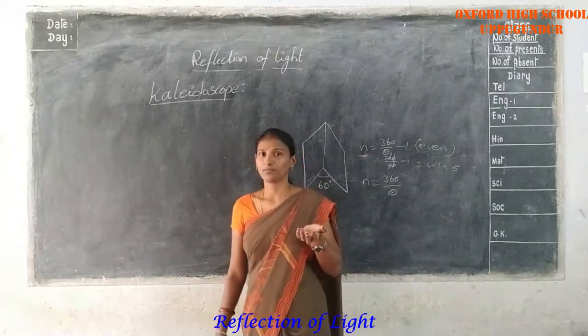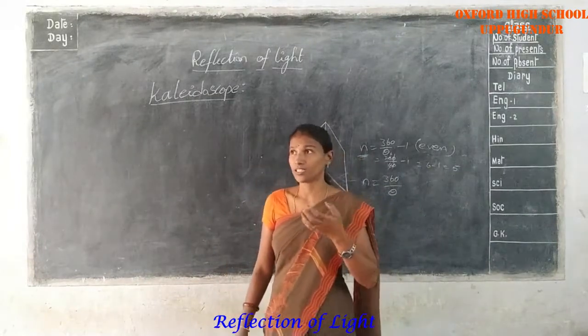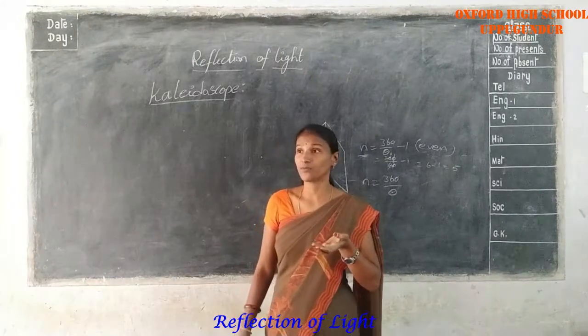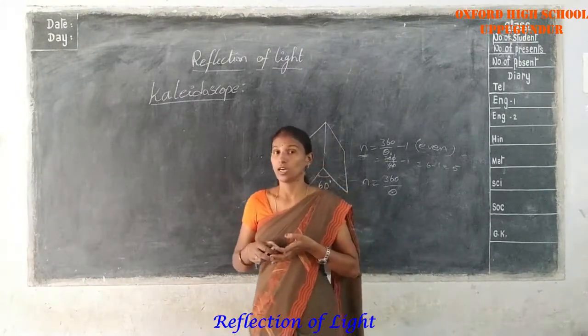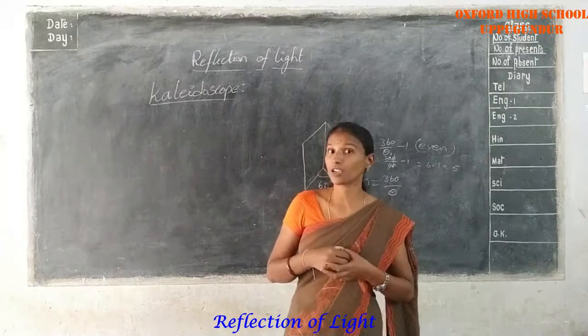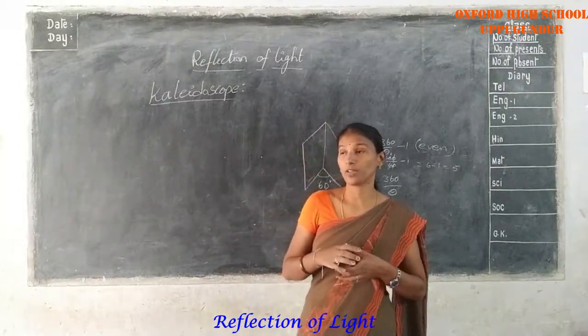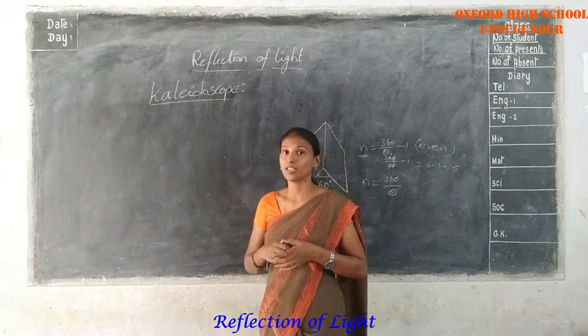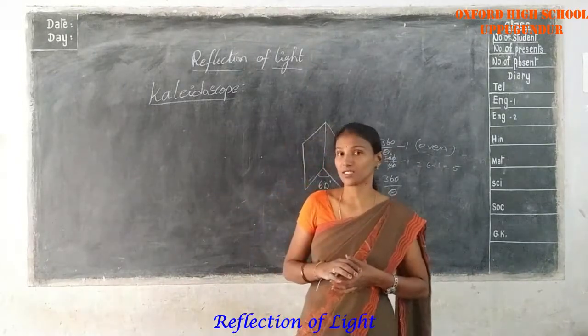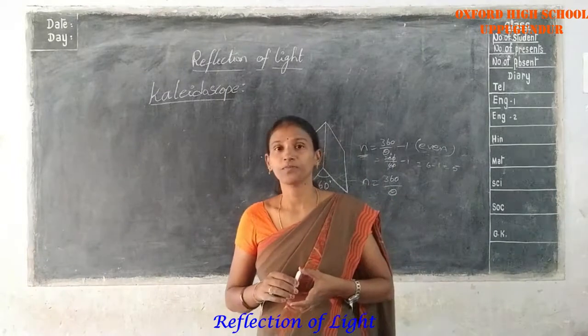Understood? Irregular surfaces are observed in windows and doors, where you do not see clear images. Some glasses also have irregular surfaces.